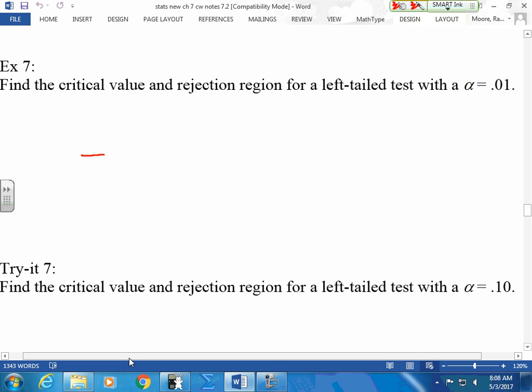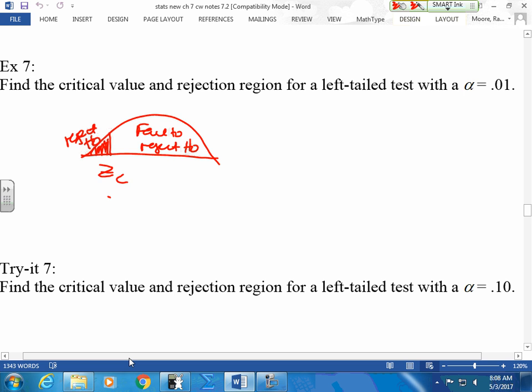Alright, so we're going to do this. We're going to sketch. And this is extremely important. You're going to label this reject H0. This is the little area that I'm not going to accept, right? This is my fail to reject H0. So a left tail test for 0.01. I need this critical value.